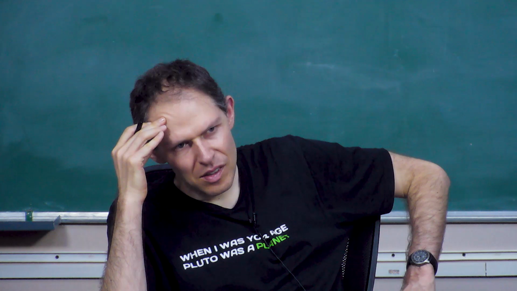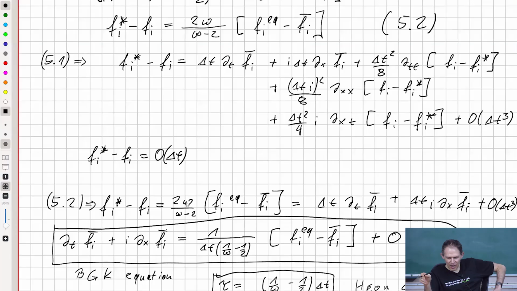So the order of accuracy is t square, right? You wrote t cube. It's a second. Yes, you're completely right. Okay, you are right. Sorry for the confusion. Thank you for pointing this out.